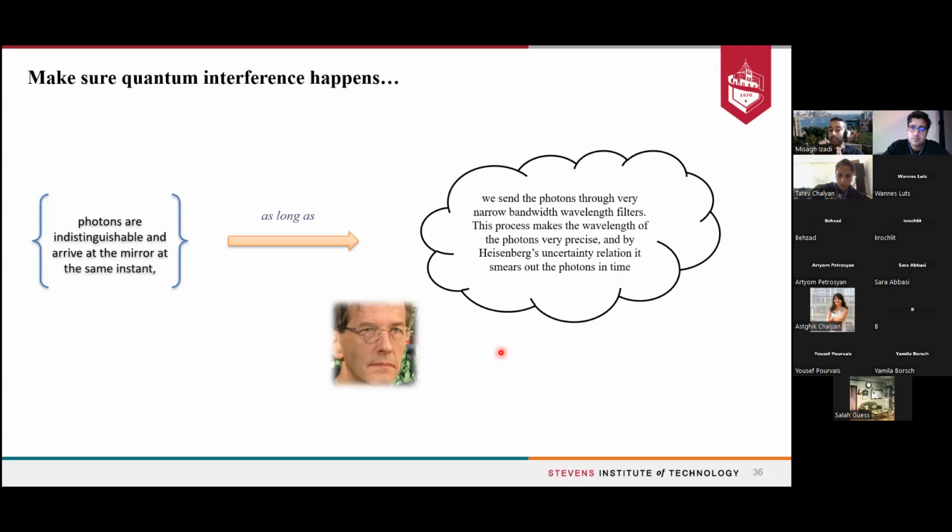But because of the uncertainty principle, they're going to lose their concept of time. So there is no arrival time anymore. You cannot say this photon is the first one, that photon is the second one. That is the situation where you can meet the requirement for making quantum interference happen.